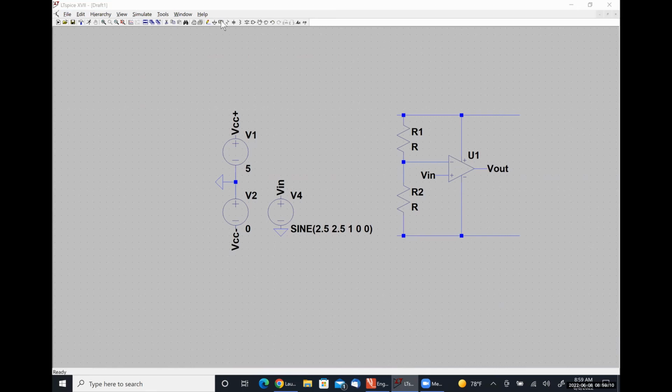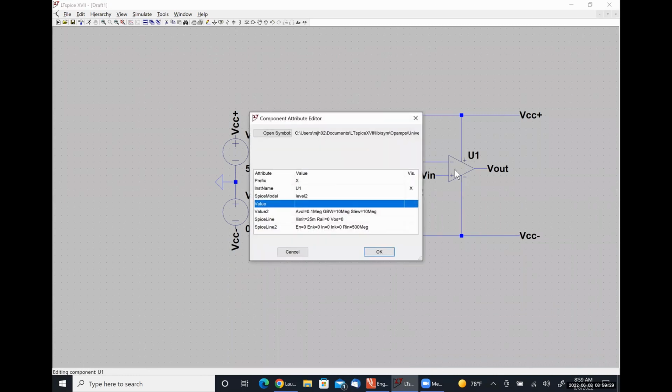I'm going to make sure I label my supply rails. So this is VCC plus here, VCC minus down here. I'm going to right click my op amp and I'm going to change my input resistance.